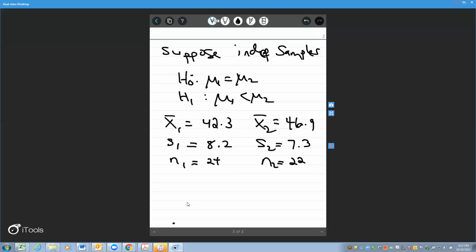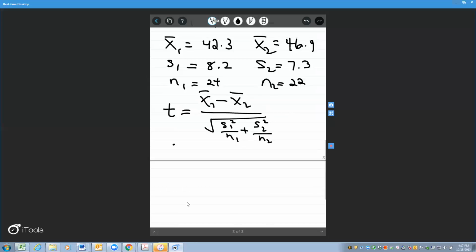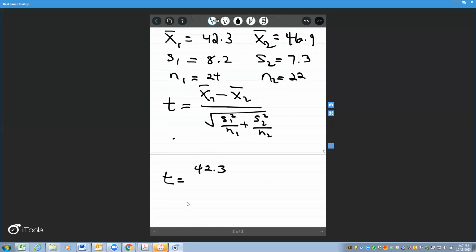And let's calculate our test statistic then. So this is going to use the Welch's T. T is going to equal x1 bar minus x2 bar over the square root of S1 squared over N1 plus S2 squared over N2, which in this case is going to be 42.3 minus 46.9 over the square root of 8.2 squared over 24 plus 7.3 squared over 22.